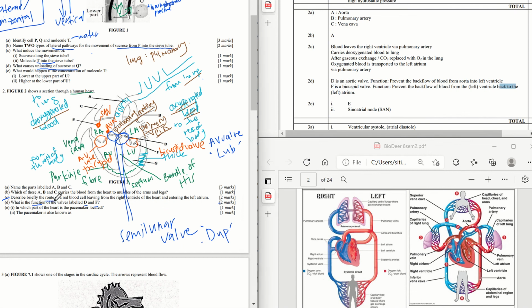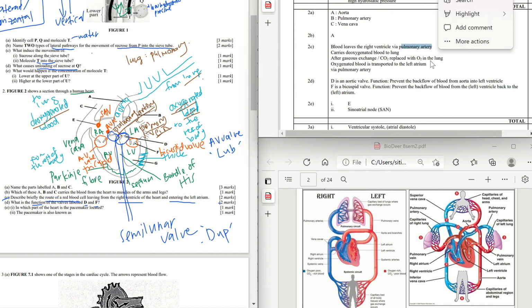You cerita sikit perjalanan red blood cell bila dia leave the right ventricle and then dia return, enter the left atrium. So inilah apa yang berlaku bila dia tinggalkan right ventricle and enter left atrium dekat sini. What happened? Okay, so dekat sini dia cerita blood leave the right ventricle via pulmonary artery. So bagi tahu pulmonary artery satu. It carry deoxygenated blood to the lung.